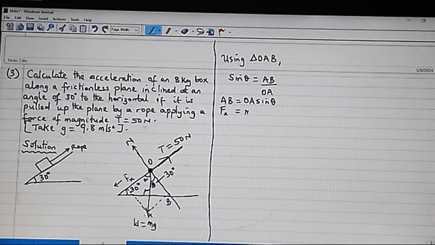So this is mg sine theta. M is 8 kg and g is 9.8. Theta is 30 degrees, so we say sine 30. If you evaluate that, this will give you 39.2 Newton.